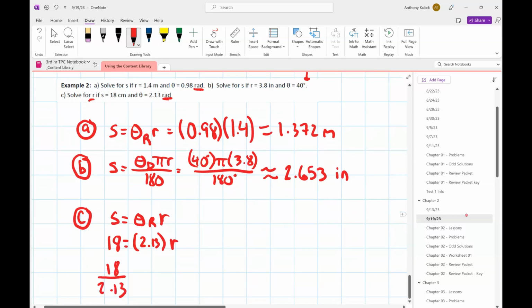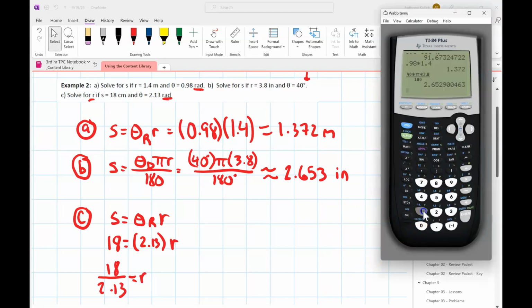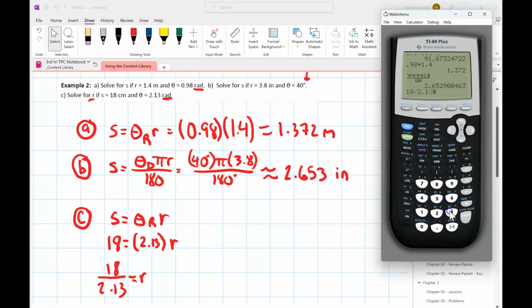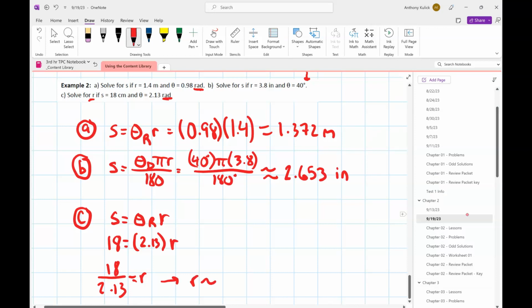I just need to divide by that 213, and that'll give me my r. So r is about 8,451, and then we were in centimeters.